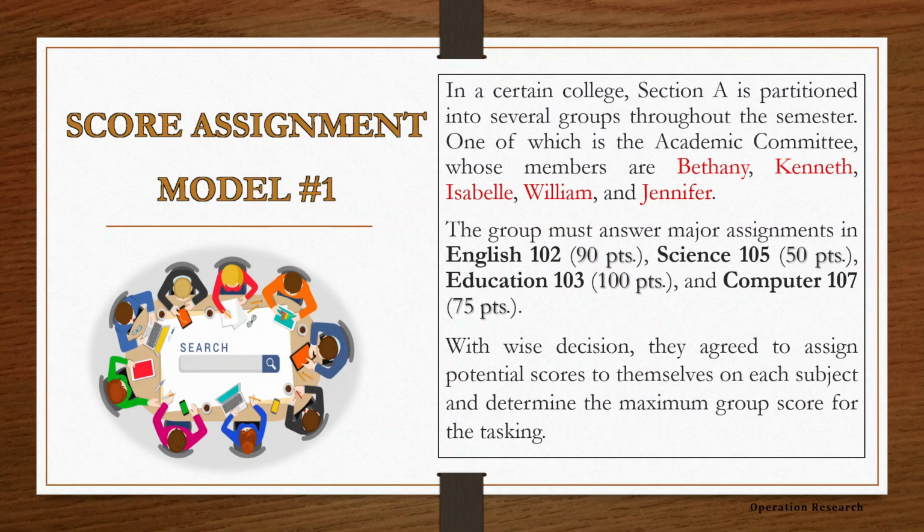Now, let us have some situational problems to investigate. In a certain college, Section A is partitioned into several groups throughout the semester, one of which is the academic committee, whose members are Bethany, Kenneth, Isabel, William, and Jennifer.